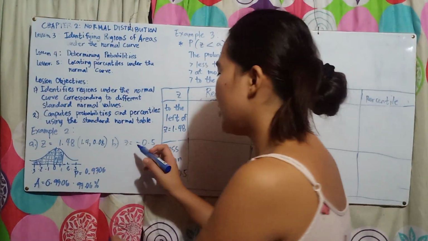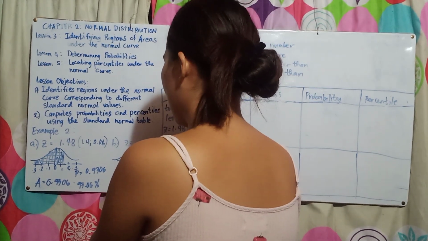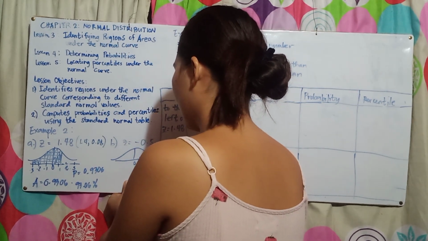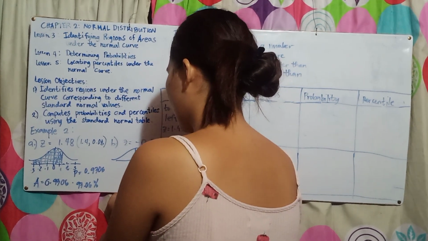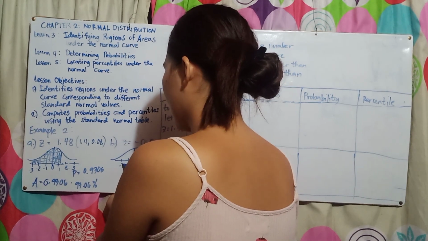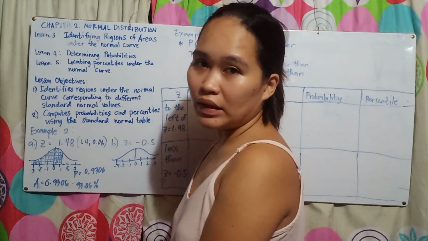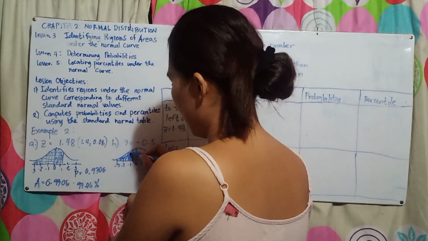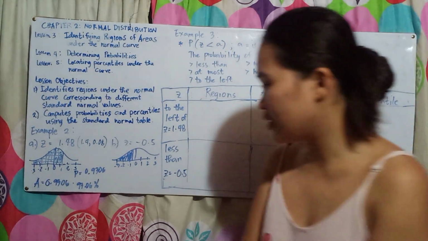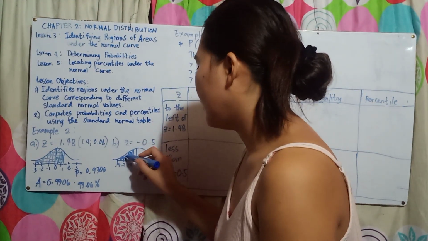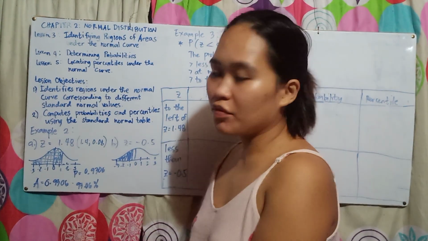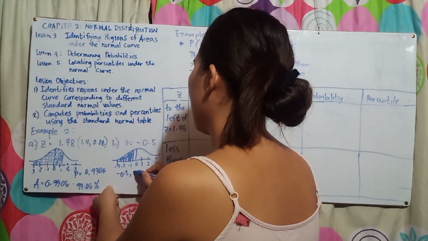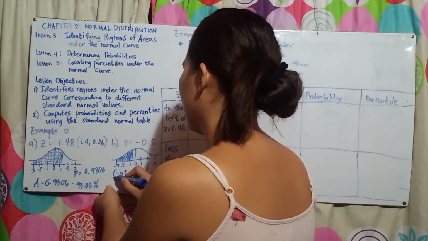Now, letter B, negative 0.5. So, we illustrate it again, it is in between negative 1 and 0. So, negative 0.5 will fall in the table at negative 0.5 and 0.00.